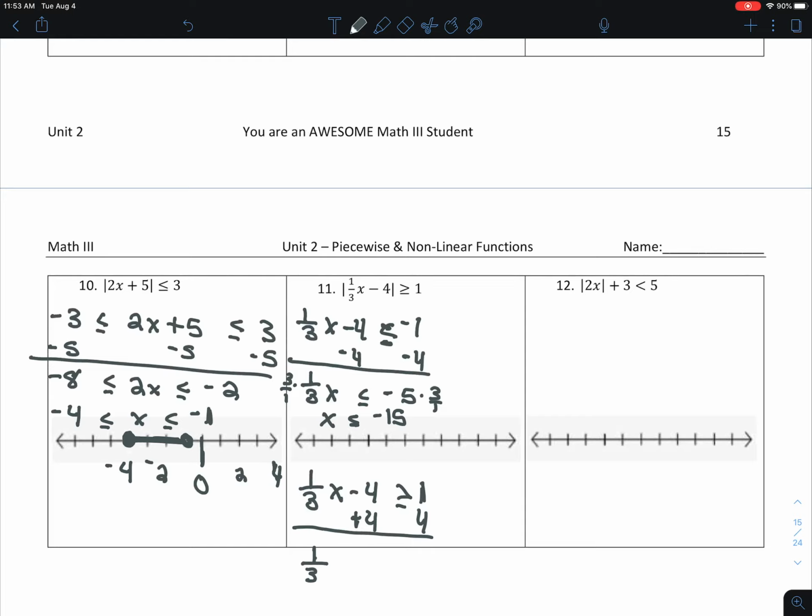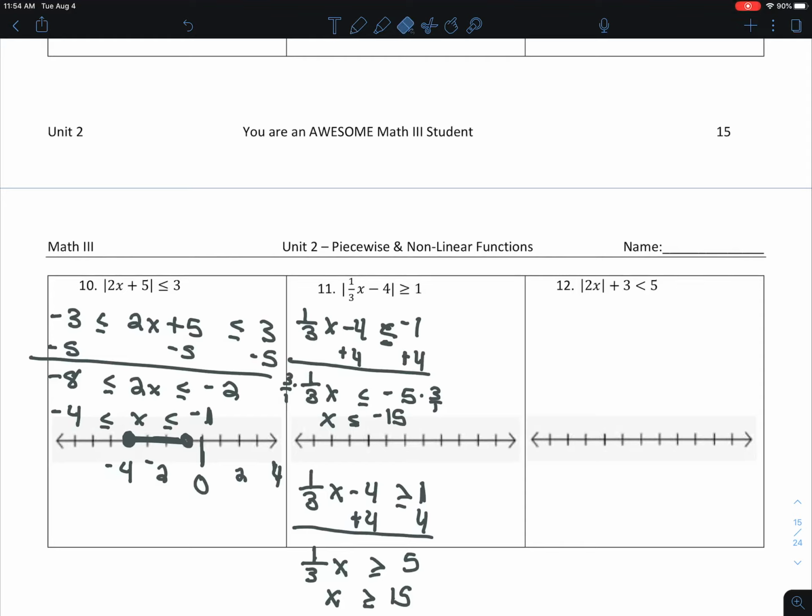Here I'm going to add 4 to both sides. So I have 1/3 x is greater than 5, and then x is greater than or equal to 15. It's unusual that they both will give me the same thing. Did I do that right? Oh, I didn't do that right.